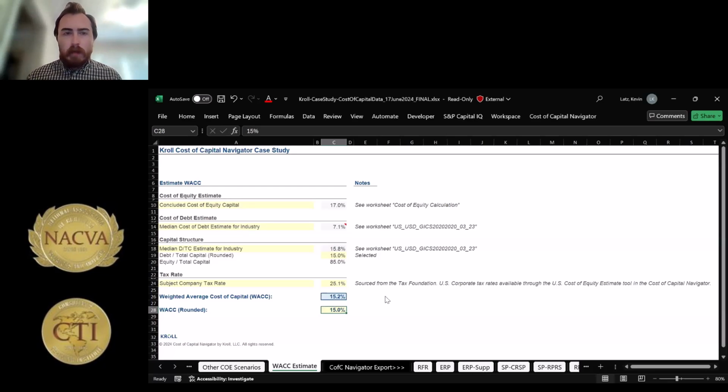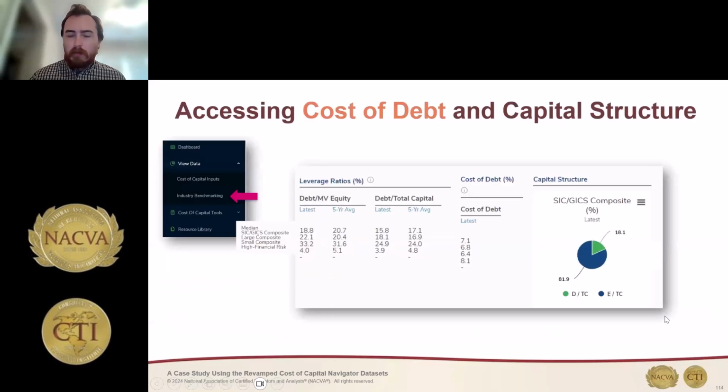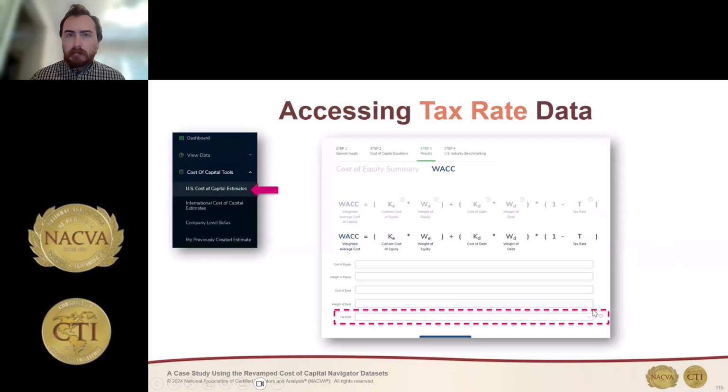So if I go back to the PowerPoint here, we can see that summary. But if we want to dig into where some of that is coming from, getting the capital structure from industry benchmarking, you can see that here. Accessing tax rate data, there are two ways you can get this. The first would be through US cost of capital estimates. You can skip straight to step 3 to our built-in WACC calculator.